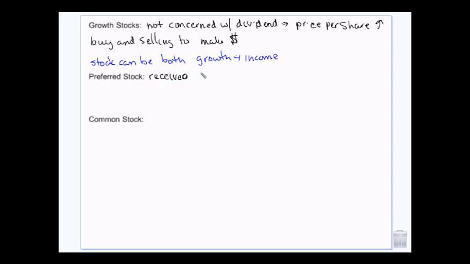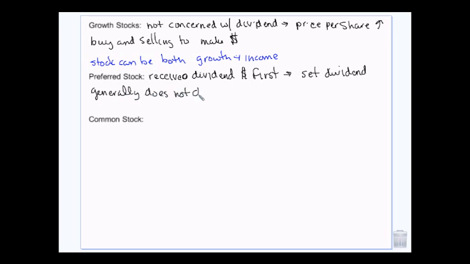Okay, preferred stock receives the dividend income first. Preferred stock is a set dividend generally. And then you have common stock.